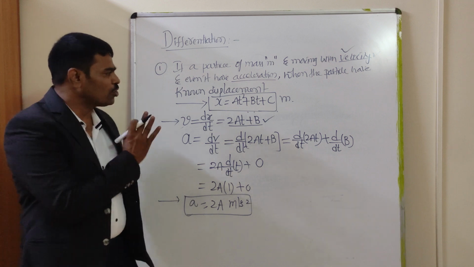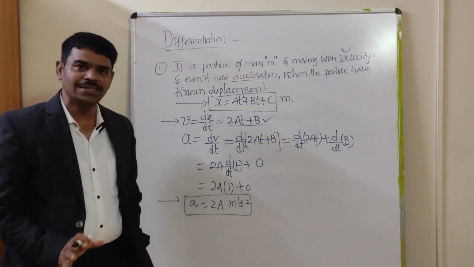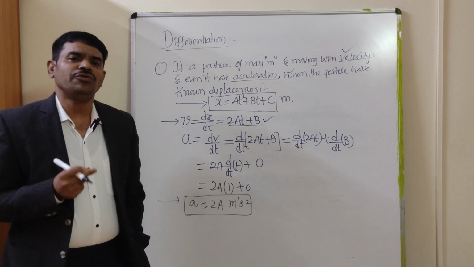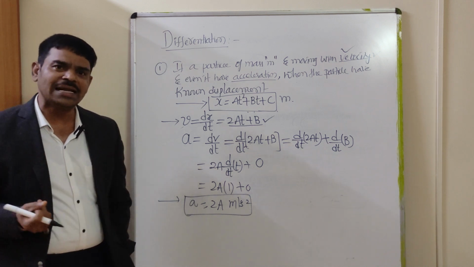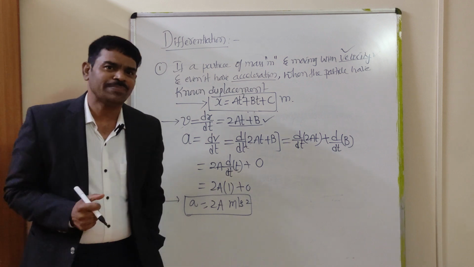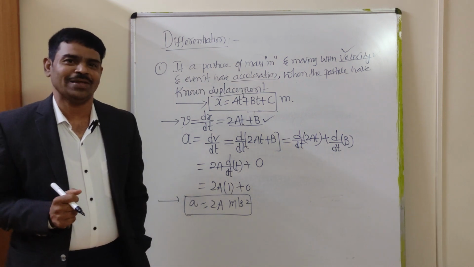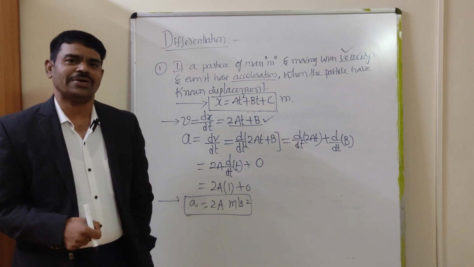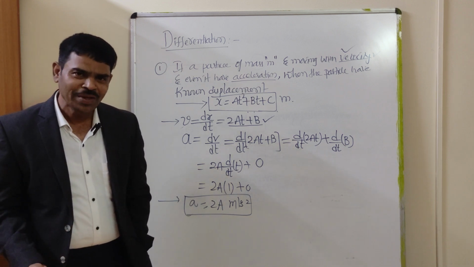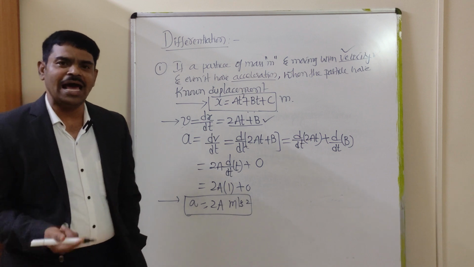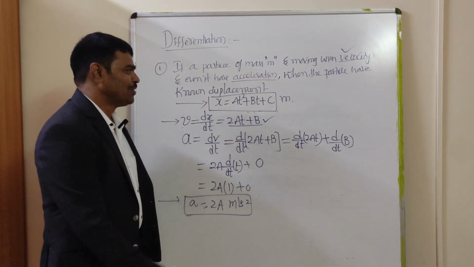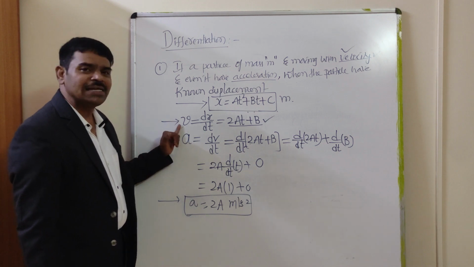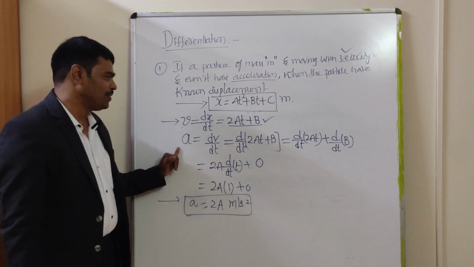So in this topic what you understand is, when you know the displacement of a particle, if you want to find velocity and acceleration, what do you have to use? Differentiation you have to use. That differentiation formula is what? d by dx of x power n is equal to n into x power n minus 1. In this manner you have to find the velocity and acceleration.